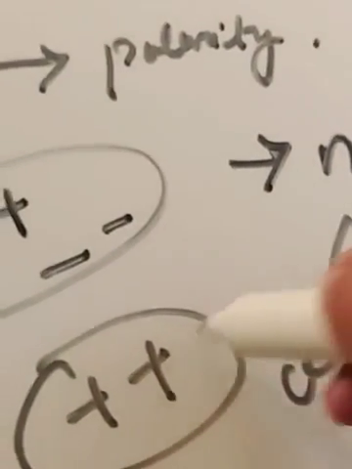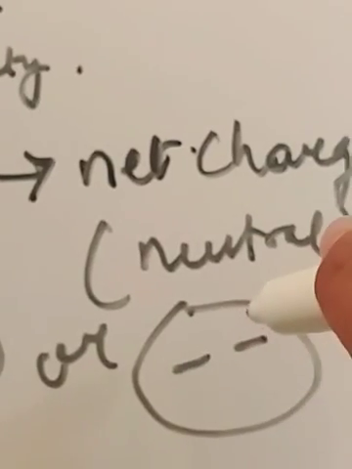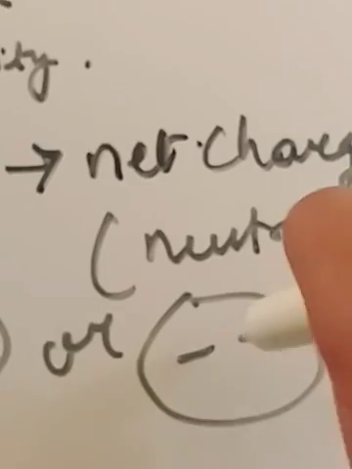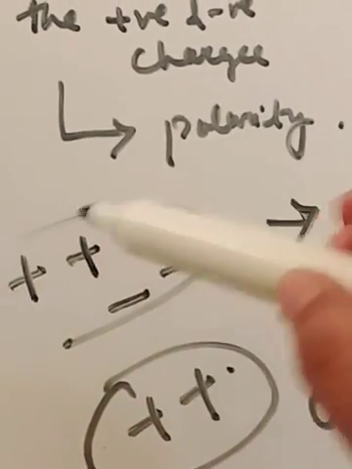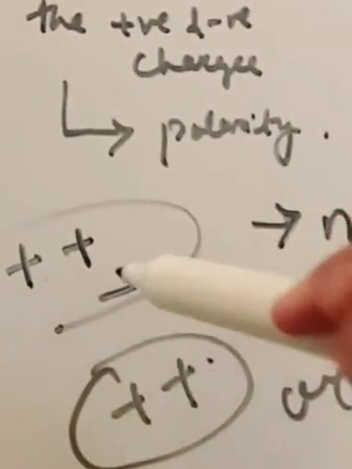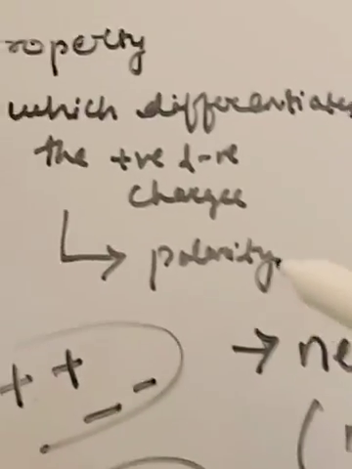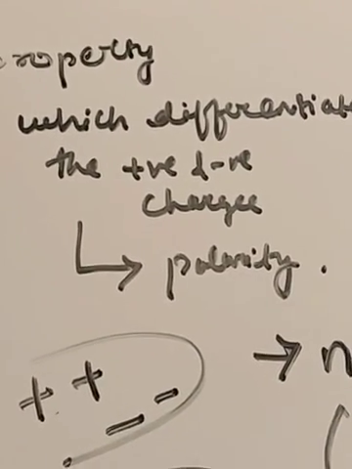Positively charged body means deficiency of electrons. Negatively charged body means full of electrons, electron rich. A neutrally charged body has net charge 0 if both plus and minus are equally distributed throughout the body. The property which differentiates the positive and negative charge is known as polarity.